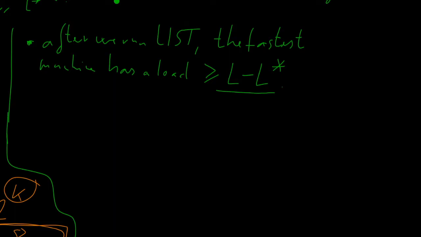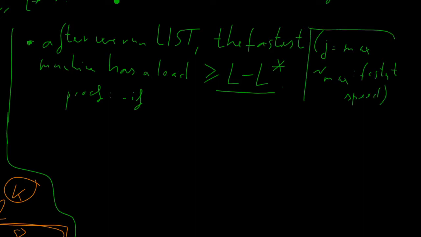So to prove this, first, if the fastest machine has the largest load, then its load is L. So let's say the fastest machine's speed is Vmax, the fastest possible speed. I will use this notation in this lemma and in the next one as well.